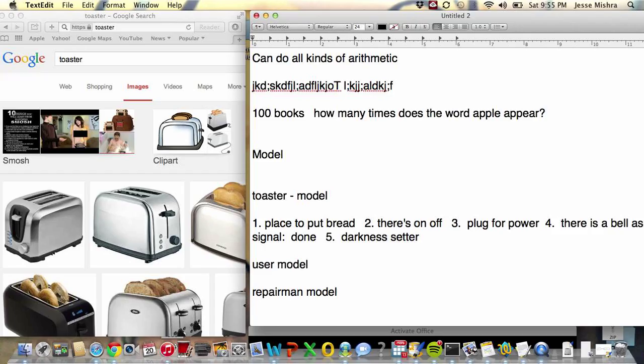But when we learn a model for computing, we don't have to know the equivalent of a repairman model, at least not right away, or at least not unless our interests guide us to knowing such knowledge.